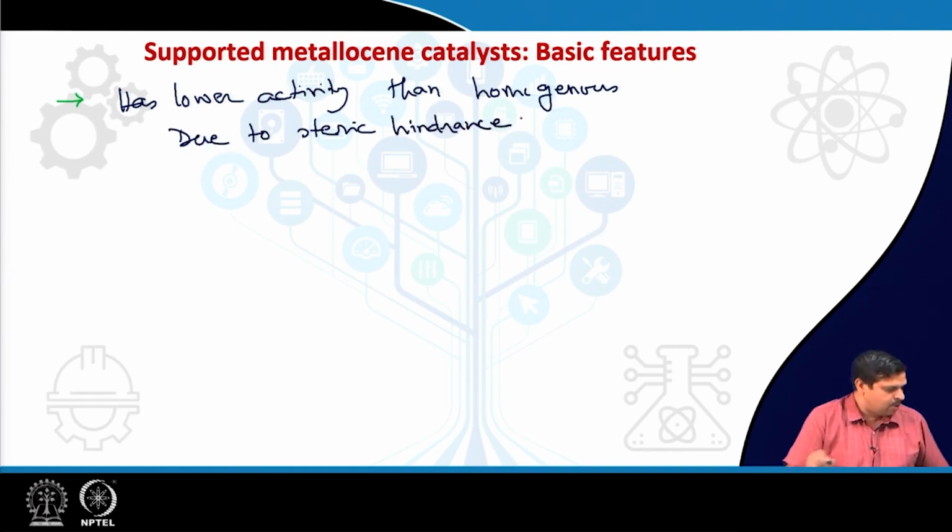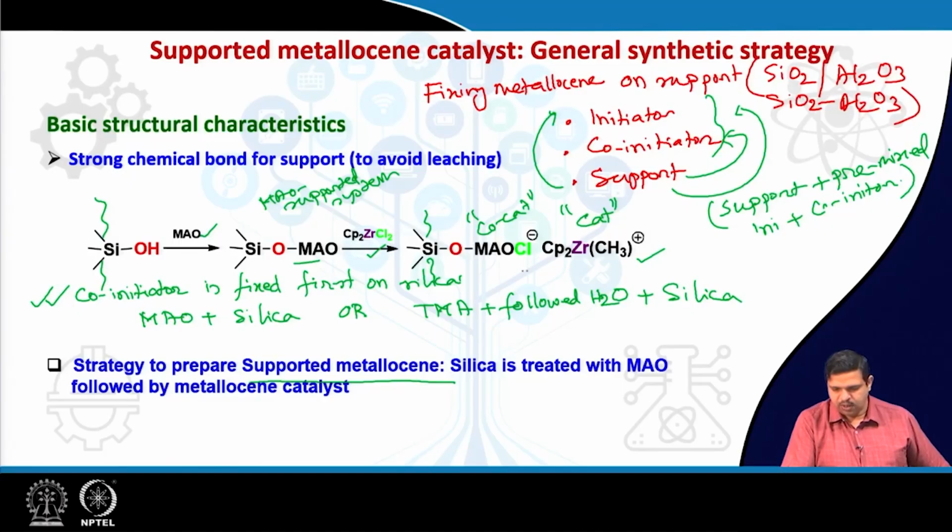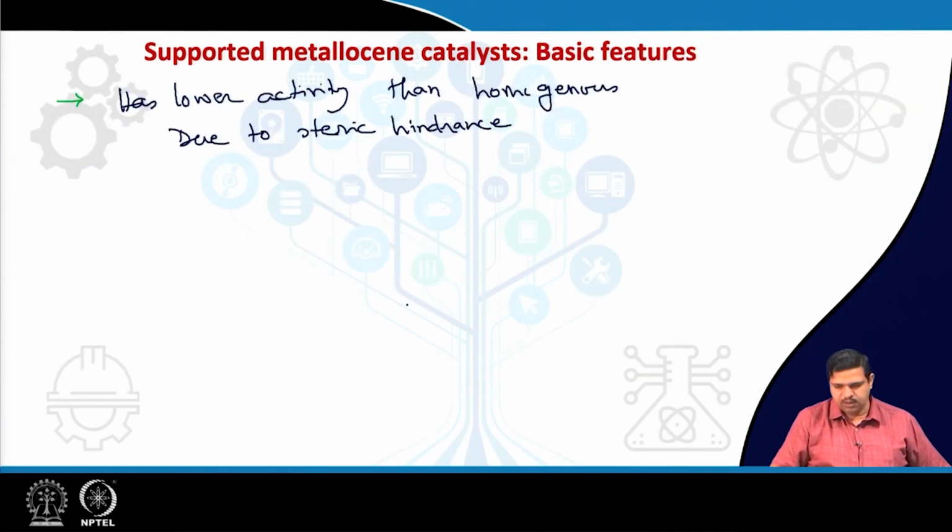If you see this one, there is a silica, a polymeric network structure. So, you are putting a lot of steric hindrance near the active catalyst surface, and that is why the substrate cannot approach as easily as it can for the homogeneous system.